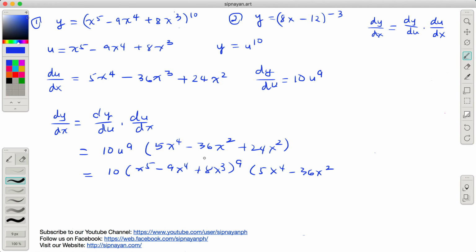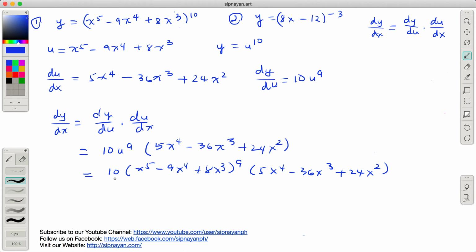X cube nga ba? Saan nga ba galing to? This is du dx, no? Oh, this is cubed, sorry. So, this is cubed. Du dx siya. Cubed siya. And then plus 24x squared.